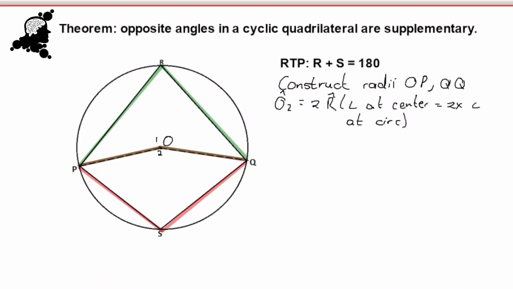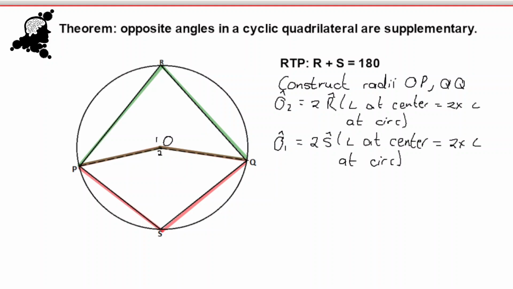So when we look at this, we can see that angle O1 is also equal to 2 times angle S for the same reason. The angle at the center of a circle is equal to 2 times the angle at the circumference of the circle.